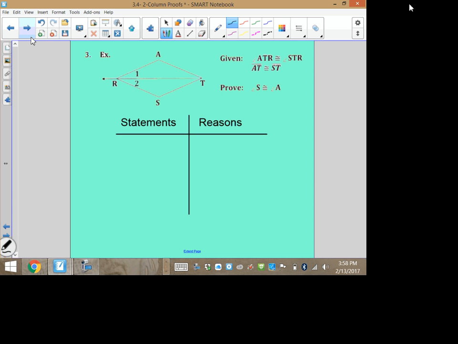Another proof, we are given that angle ATR is congruent to angle STR. And that's by given, and this is an angle.